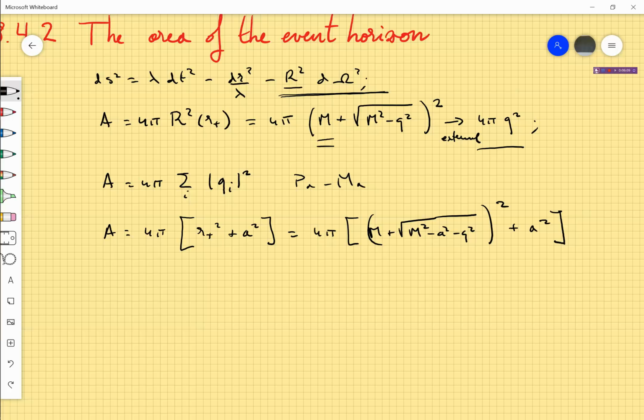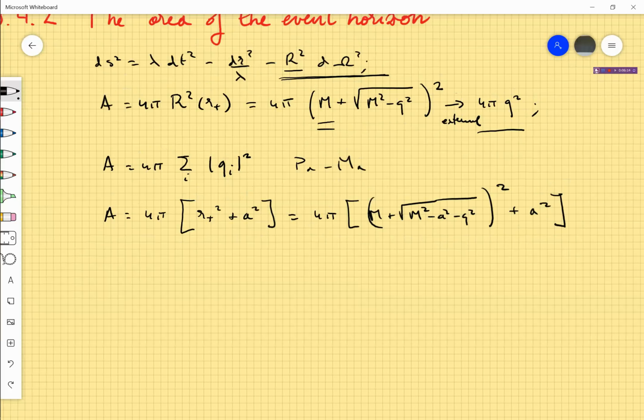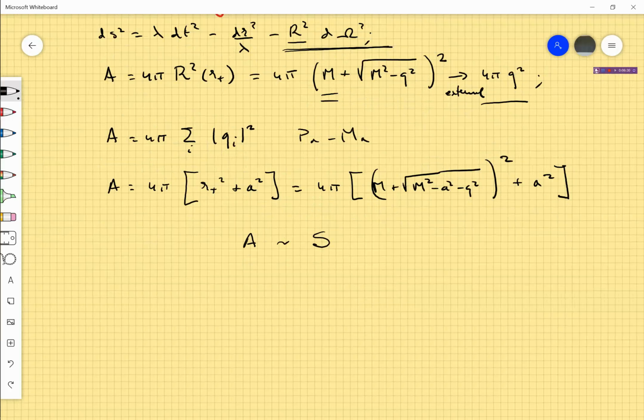The theorem tells you that the area is always increasing, and this tells you that there is an analogy between the area and the entropy, because it satisfies this theorem, which is similar to the second law of thermodynamics. This is the second quantity that will have an analog in thermodynamics.